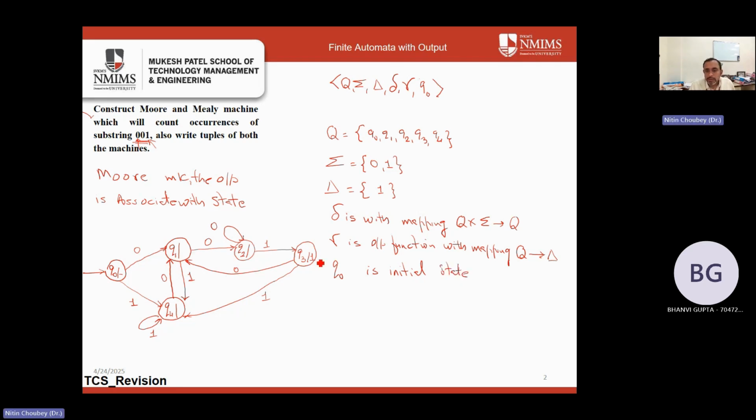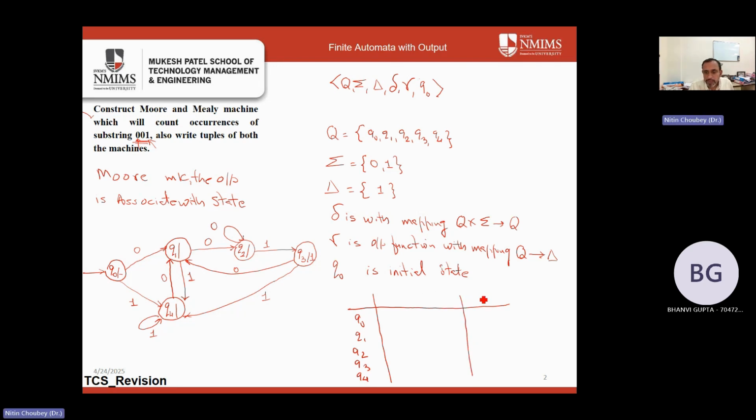Okay. Now how to show this in terms of output function and transition function? We have Q0, Q1, Q2, Q3, Q4 as the states, right?